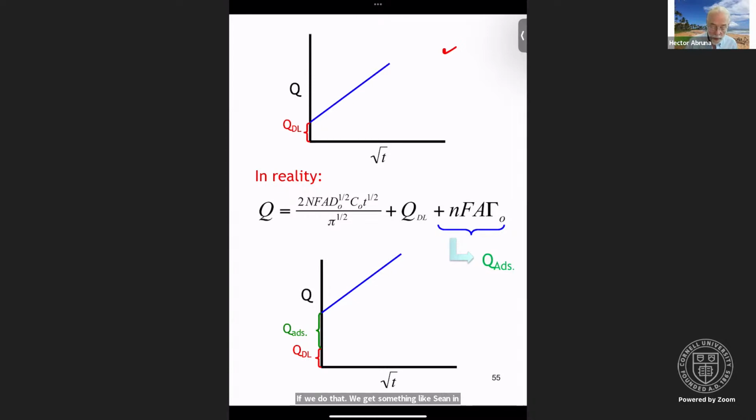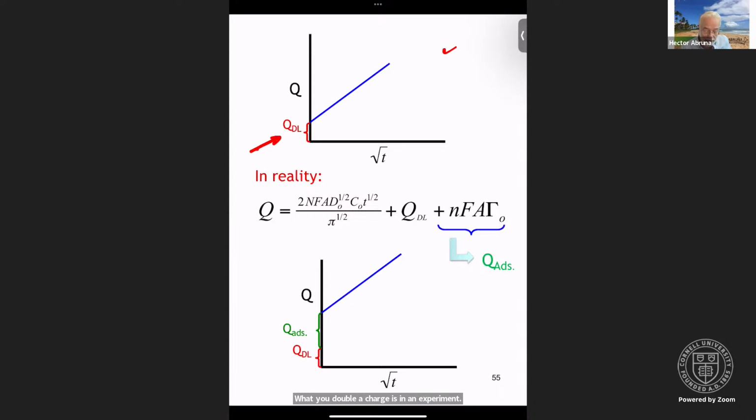The first thing to notice is that it does not go through the origin, right? Why is that? Because you have our pesky double layer charge. And so doing experiments of this sort is a convenient, quick, and dirty way of calculating or guesstimating what your double layer charge is in an experiment.